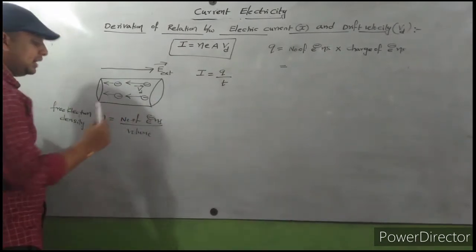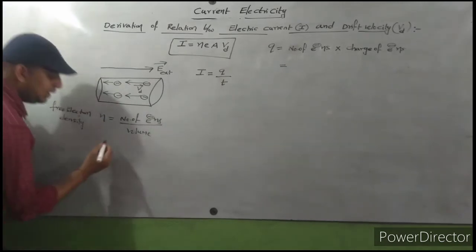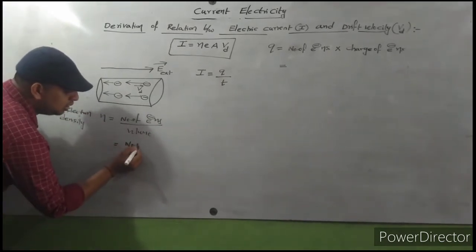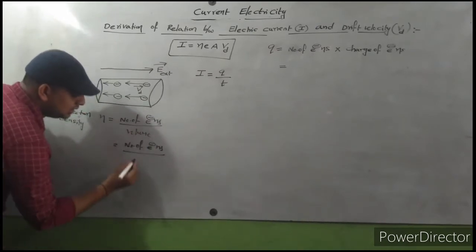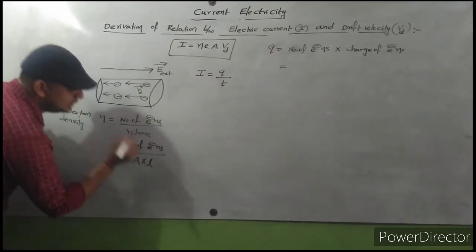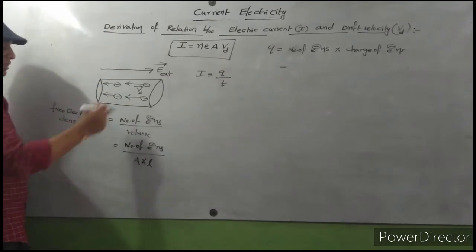Number of electrons I want. Number of electrons by volume is n, where volume is area into length. Area of the conductor into length of the conductor.